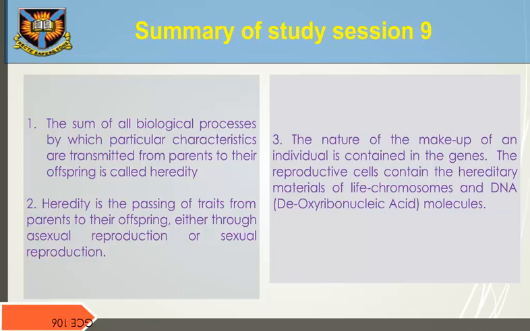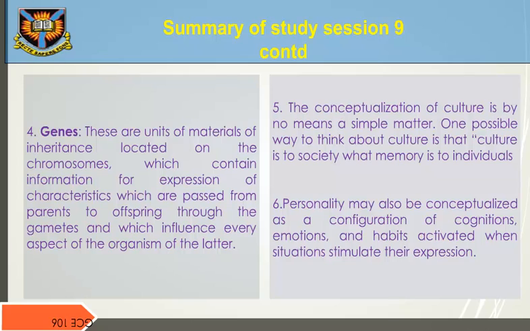The reproductive cells contain the hereditary materials of chromosomes and DNA molecules. 4. Genes are units of inheritance located in the chromosomes which contain information for expression of characteristics which are passed from parents to offspring through the gametes and which influence every aspect of the organisms of the latter.